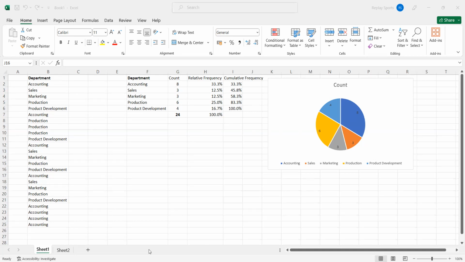Tell me what is mode first. Maximum occurrence, right? So when you look at this Excel data, what do you think is the mode of this? Accounting, yes.